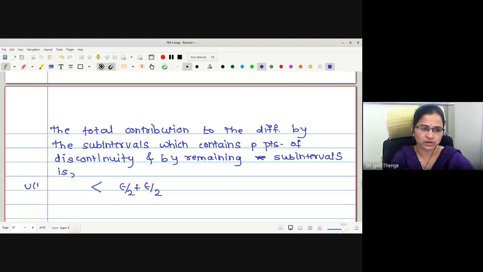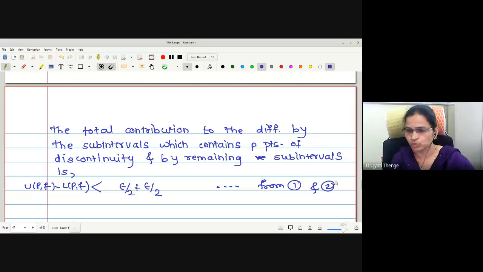Here I can write UPF minus LPF is less than epsilon, the reason being statements 1 and 2. Correct?